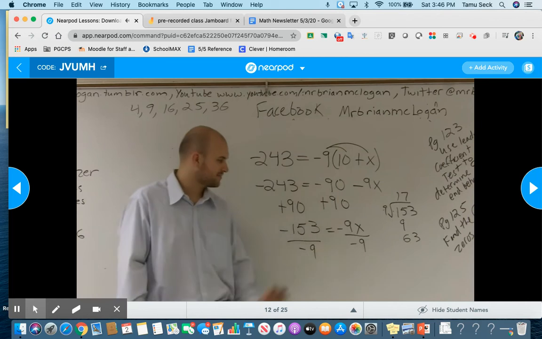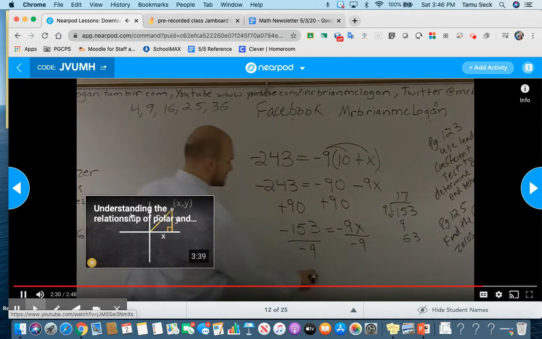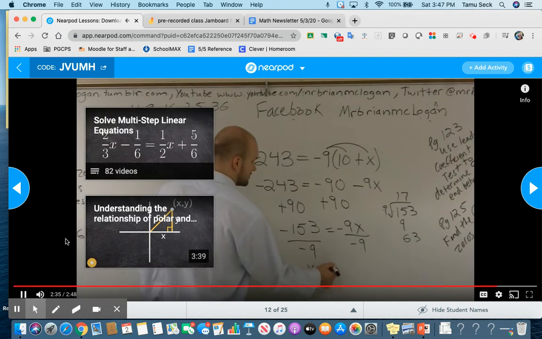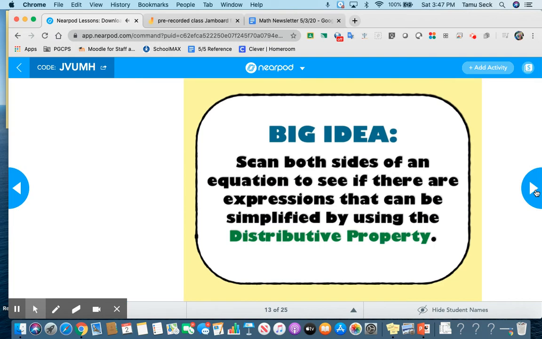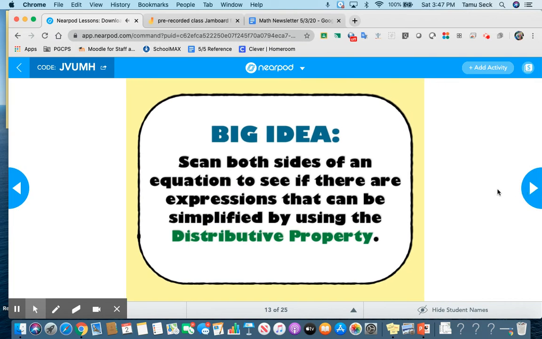There are a couple ways in your head, but I'm not going to worry about that. So therefore, a negative divided by a negative gives you a positive. So x equals 17.